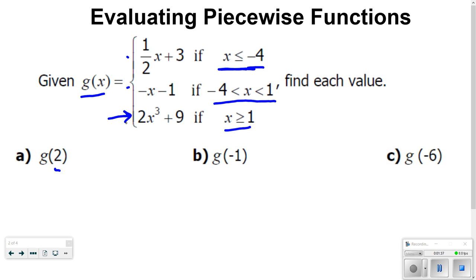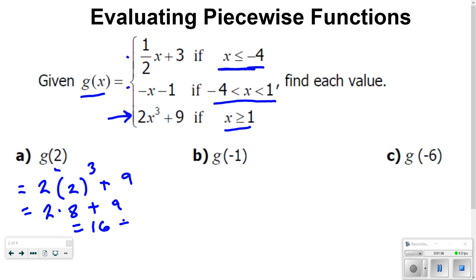Okay, so if I want to know what the function is at an x value of 2, I need to plug 2 into that bottom function. And then we're just simplifying. So we would get 2 times 8 plus 9. So we get 16 plus 9, which gives us 25.